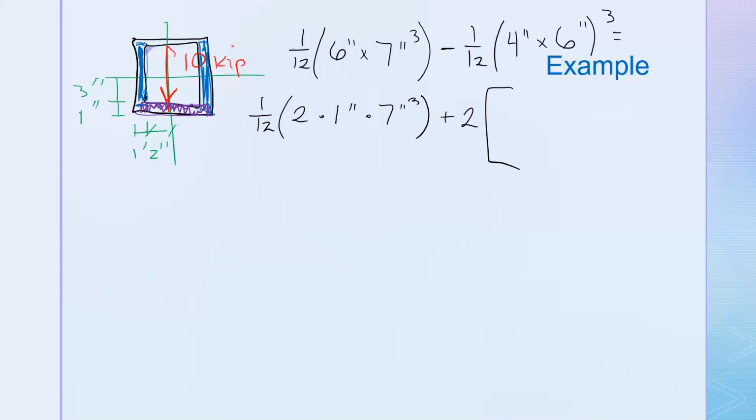And they have 1/12 times B. Now the width is going to be 5 inches instead of 6, because we're only measuring to the center line. But we're going to measure the entire height, which is 1. And that is cubed, so plus your A d squared. Your area is 5 inches times 1 inch. And now the measurement is 3.5 inches squared. So let's calculate those both and see what we get.